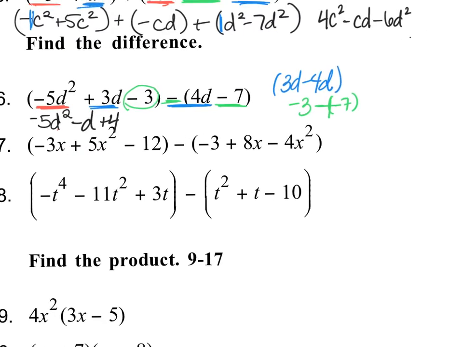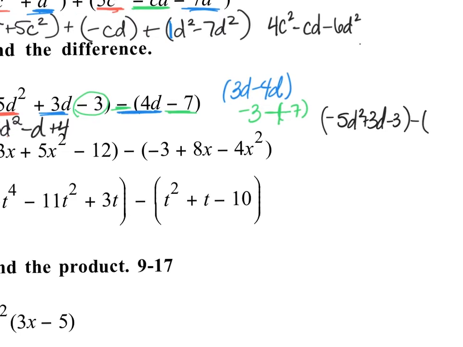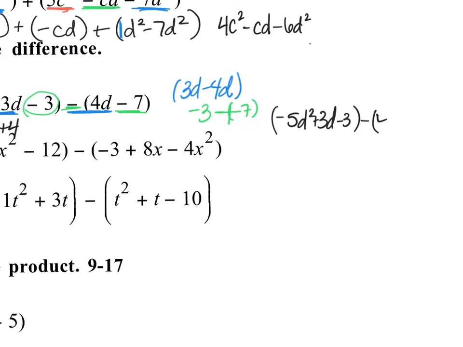So I'll move this to the side here, and we'll do it the other way. -5d squared plus 3d minus 3 minus 4d minus 7. So we said subtraction means adding the opposite.